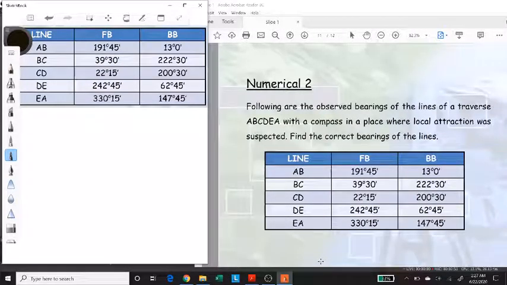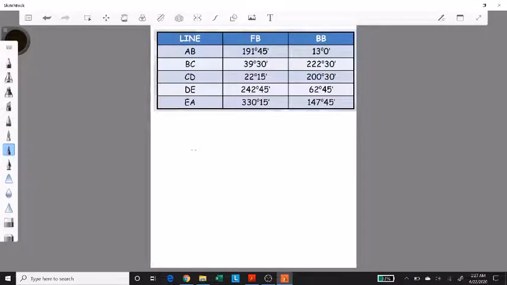So in order to proceed with this, the first step would be to see which side is free from local attraction, and the side in which the difference between forward bearing and back bearing is 180 degrees would be the one which is free from local attraction.